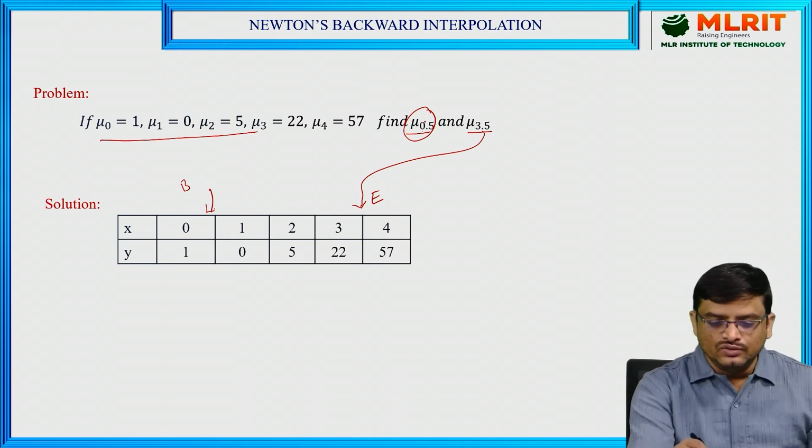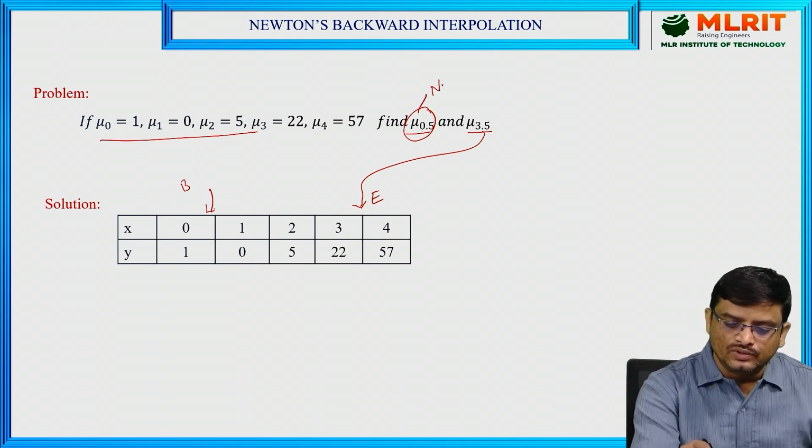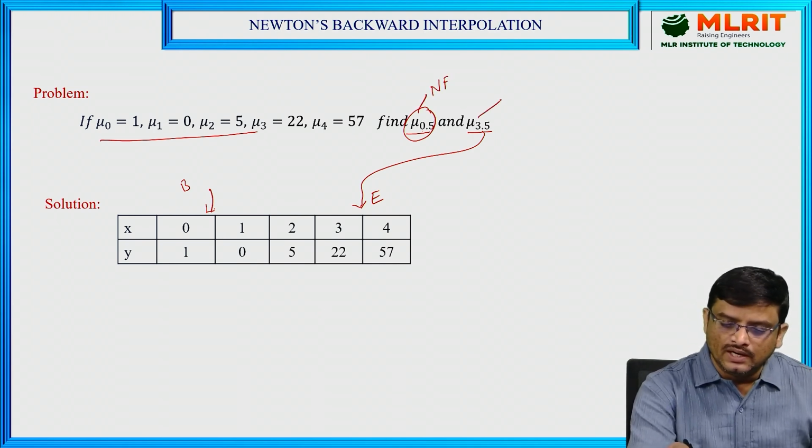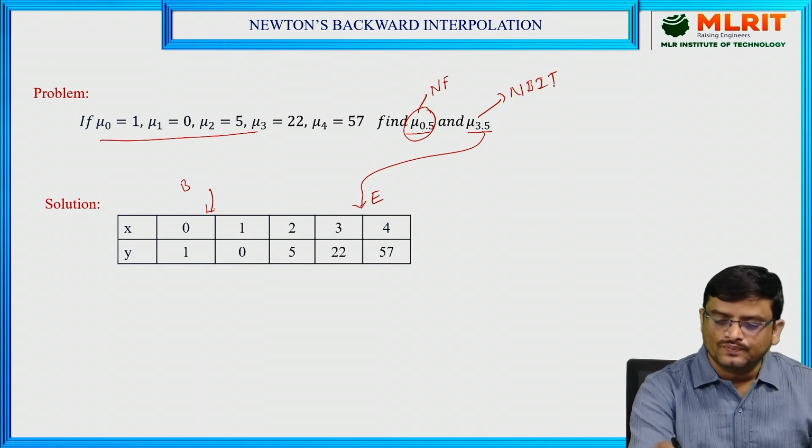So to find u at 0.5 we apply Newton's forward interpolation, and to find u at 3.5 we apply Newton's backward interpolation formula.